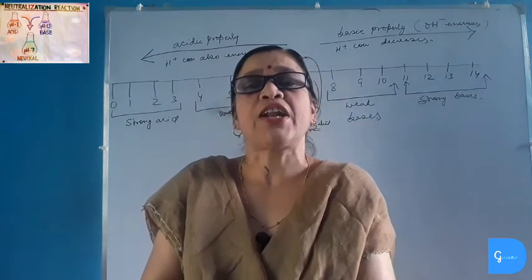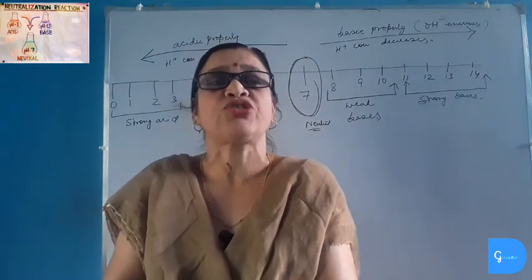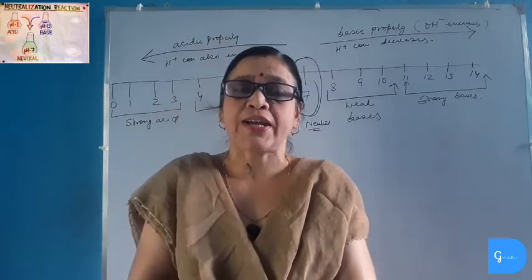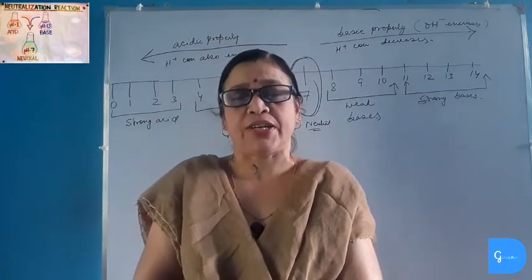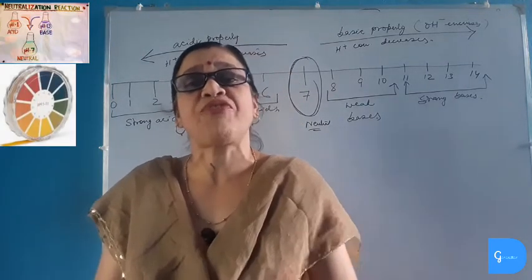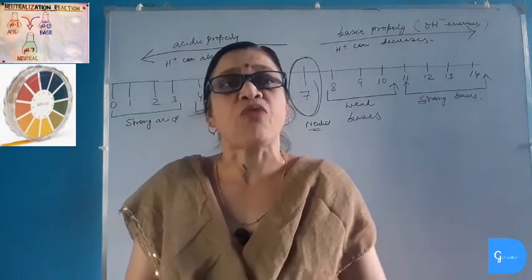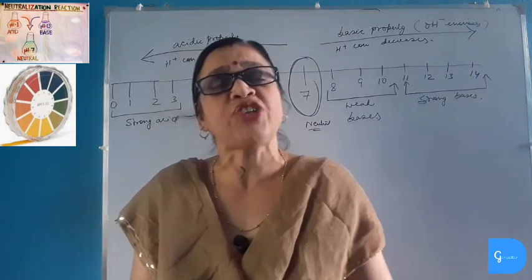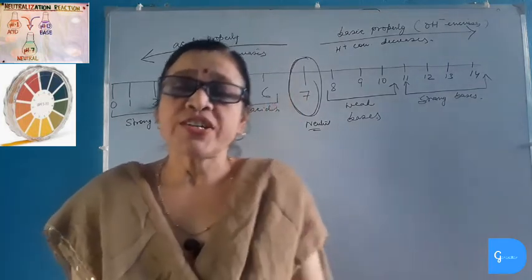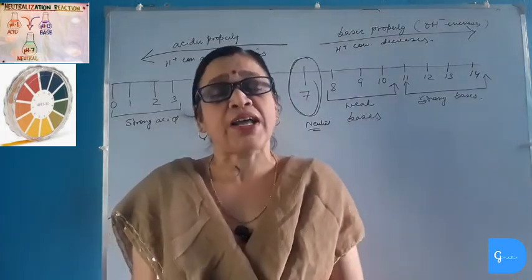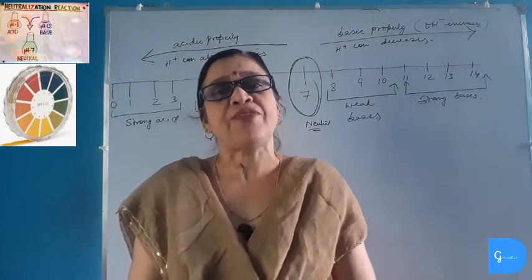So to find the relative strength between two solutions, we use another indicator known as universal indicator. Universal indicator is a mixture of different types of indicators or dyes, and it works on measuring the pH of a solution. Universal indicator shows a color change for each acid and for each base.